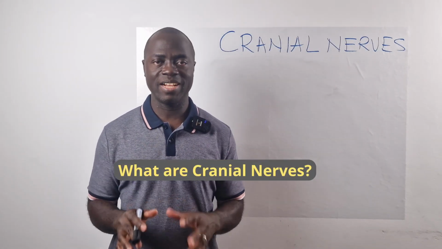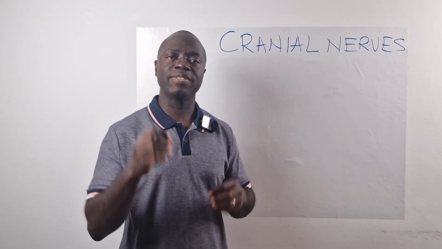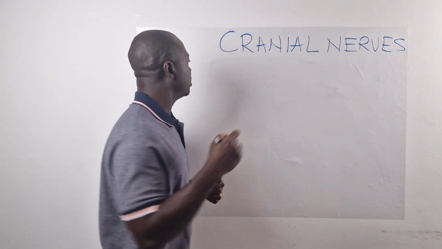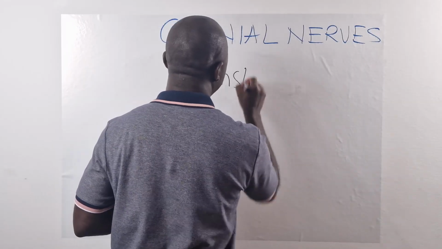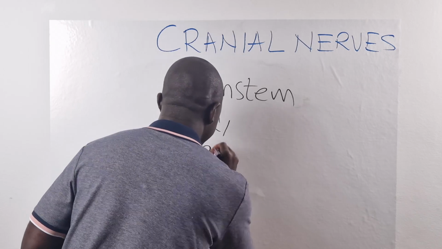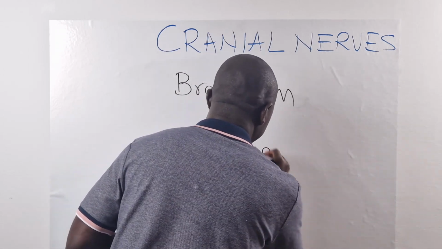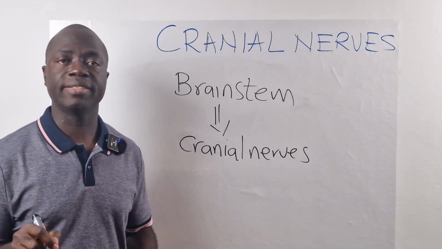What are cranial nerves? Cranial nerves are nerves that arise from the brain or the brainstem. So they are like spinal nerves. Spinal nerves arise from the spinal cord, and cranial nerves arise from the brainstem. So we have the brainstem, all right? And then we have the cranial nerves arising from the brainstem or the brain.